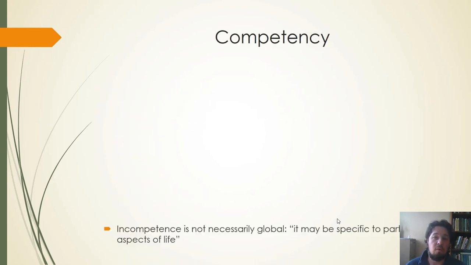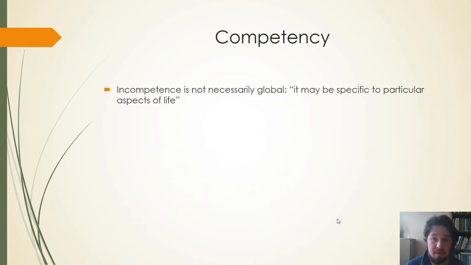Now, another thing that's important when investigating competency is that being incompetent is not necessarily global. In medicine, if somebody is deemed incompetent and therefore can't give consent, it's considered global. But generally speaking, incompetency can be specific to a particular aspect of life.